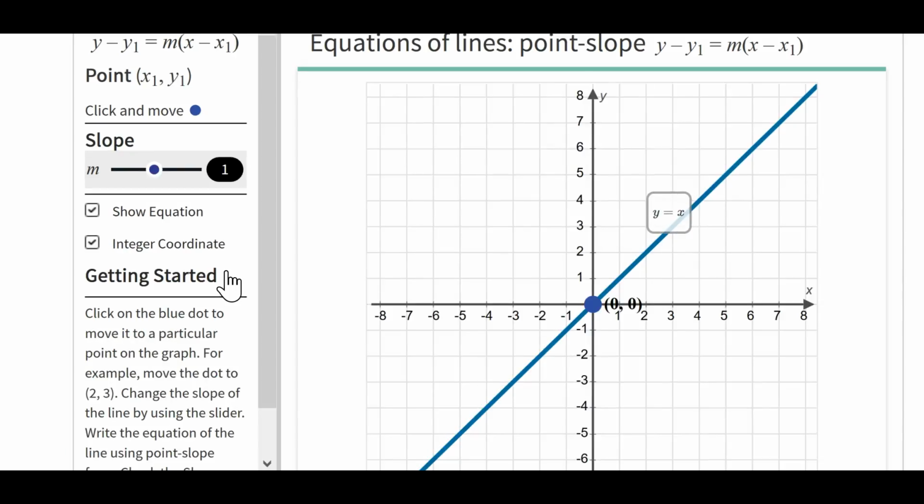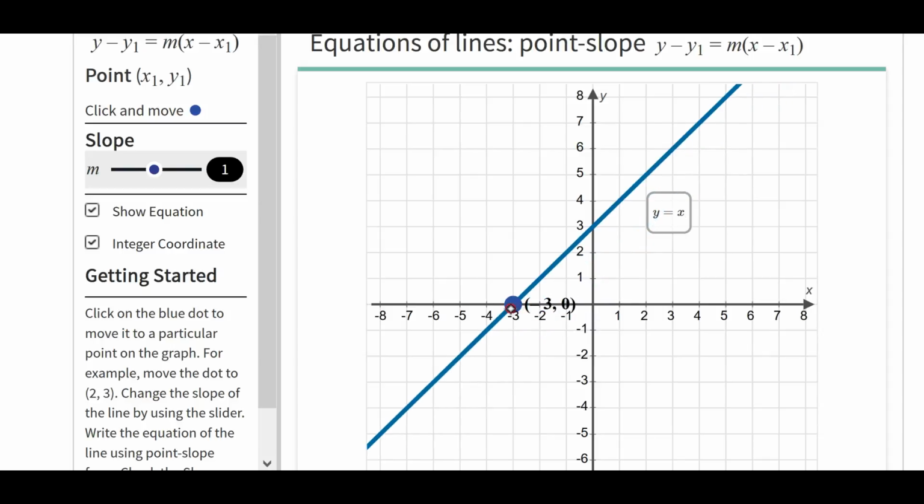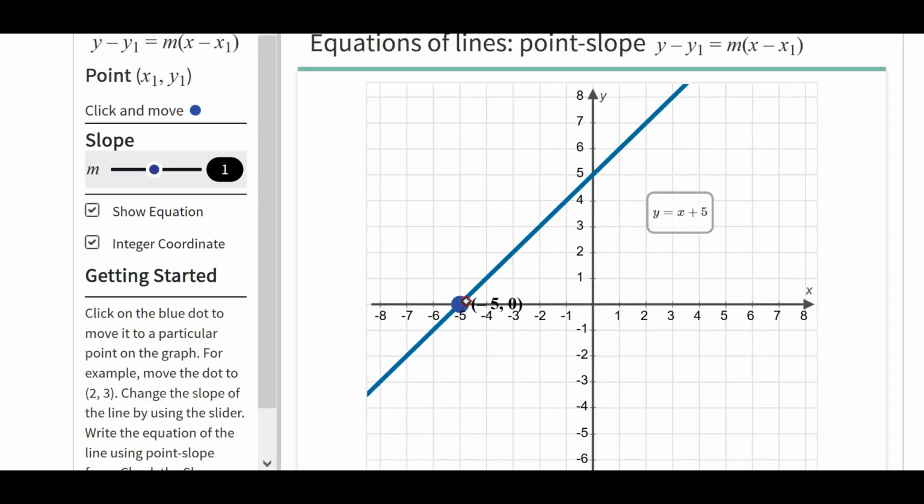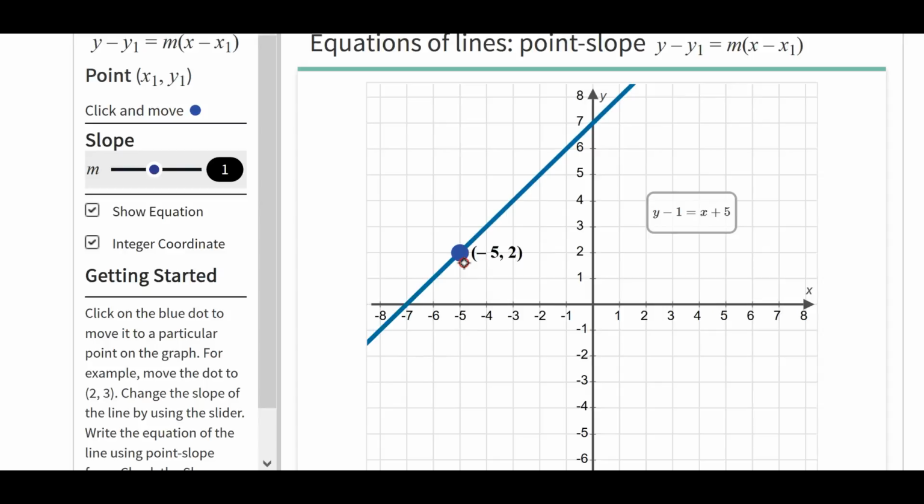And this is going to be a line which goes through the point that we're given and has the slope that we were given if we set it up correctly. The point that we were given, and I did jot it down, was -5, 2. So I put my finger or controller cursor on the blue point and move it to -5, 2.